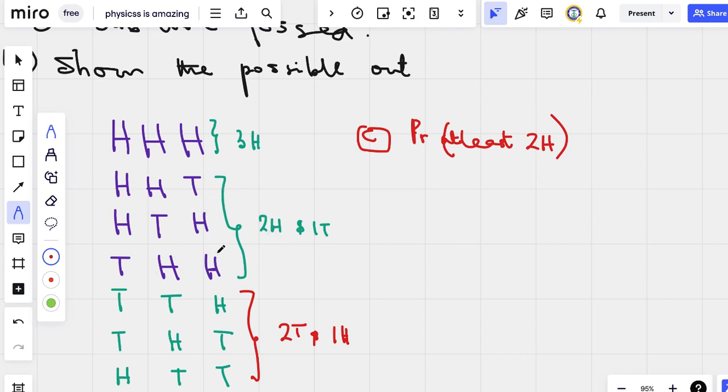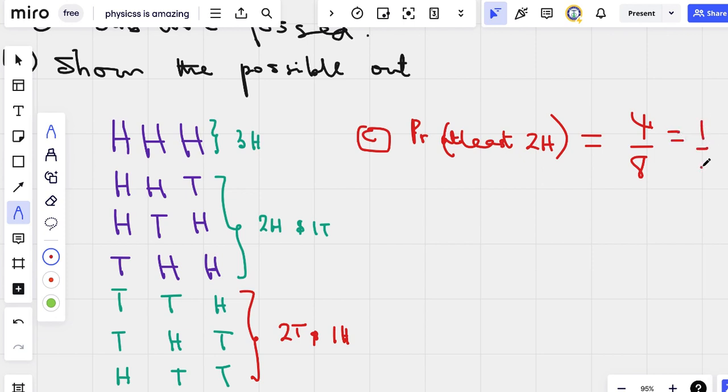At least 2 heads means we also consider where we have all heads. So we have 1, 2, 3, 4. This is where we have at least 2 heads. So the probability of at least 2 heads equals 4 over 8, which reduced to the lowest term is 1 over 2.